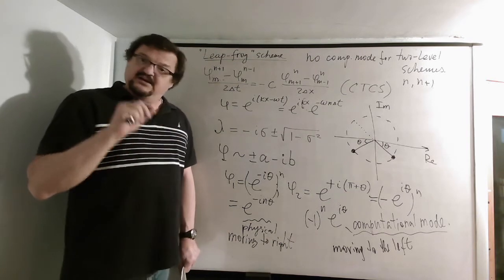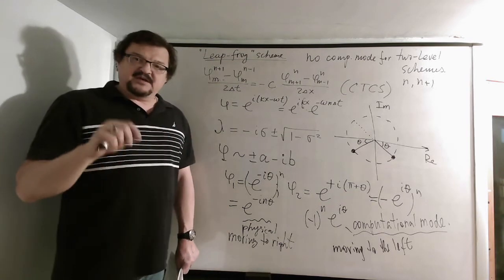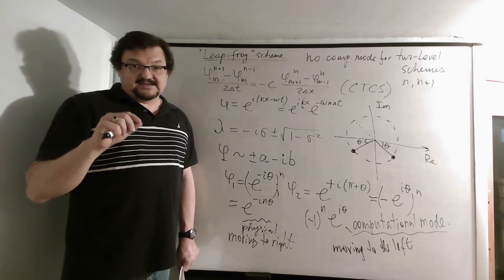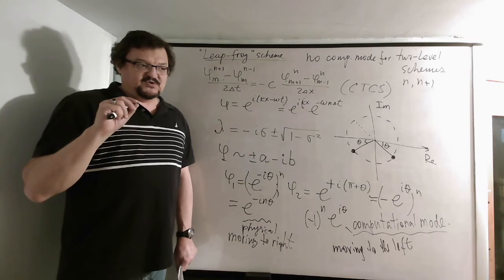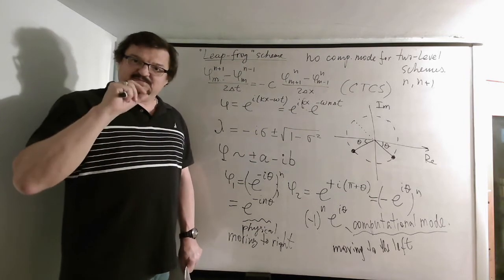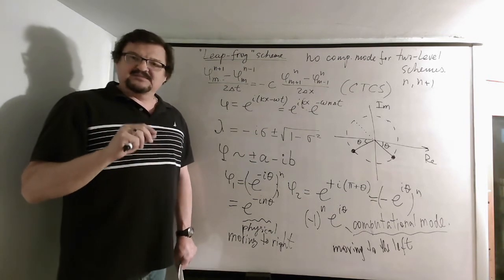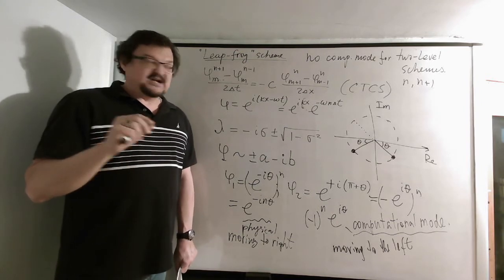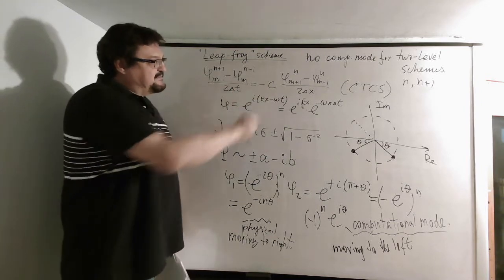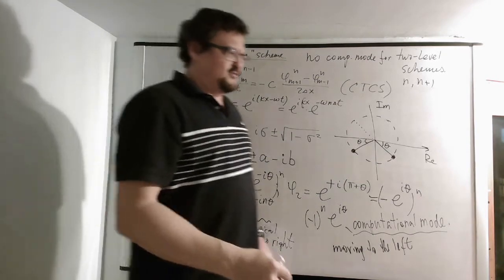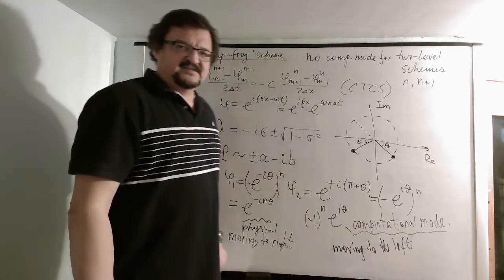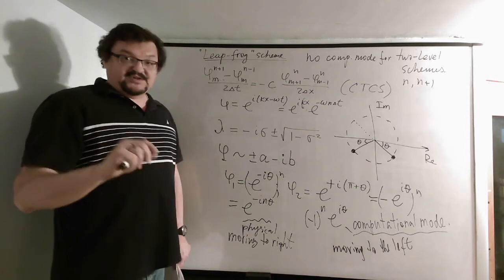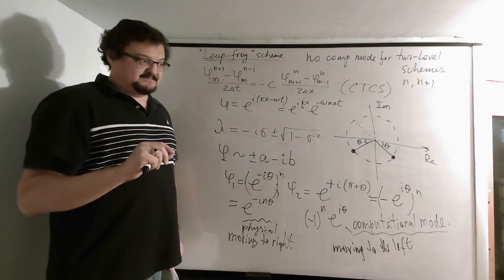Because they have a computational mode, but that computational mode is effectively controlled by numerical dissipation. So with time, those modes tend to be suppressed. So those schemes are very good ones, but they can be more complicated than this one. But this scheme has a computational mode, and then you would ask, why don't people use it still? Well, first of all, people have figured out how to suppress those computational modes as well.